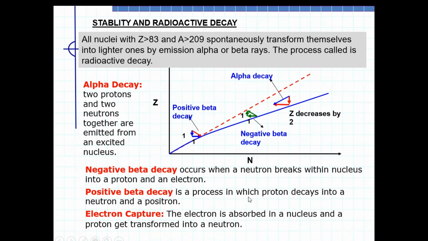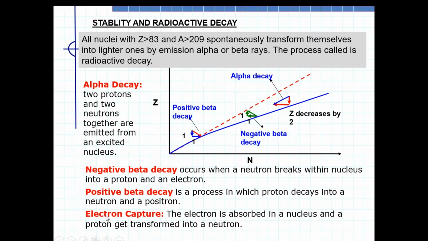The positive beta decay is a process in which the proton is decaying, so there is a decrease of proton by 1, and it is decaying into a neutron and a positron. The positron gets out of the nucleus, and the neutron increase occurs, and it makes the system stable.